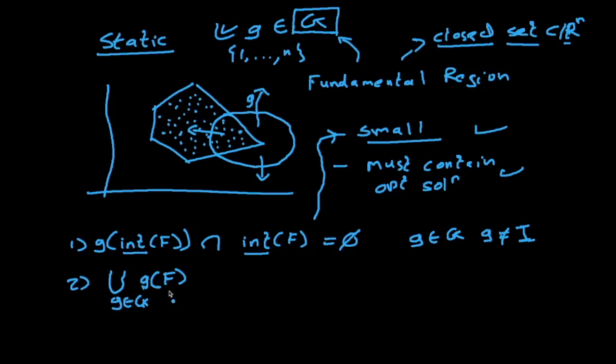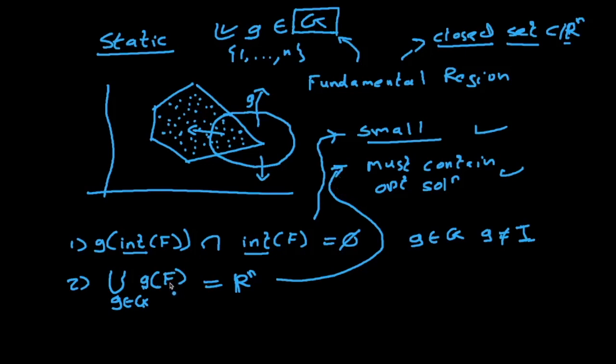Recall that every image of a point inside it will map to something outside. So this property says that if I take the union of all the symmetric permutations, then this should map to the entire R^n, not just this polyhedron, but the entire search space or vector space R^n. So this basically ensures the second property.